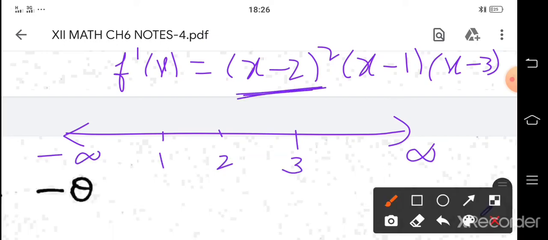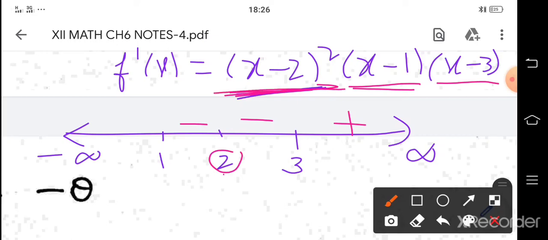Because a whole square is there, no need to think. 4 minus 1 is 3, 4 minus 3 is 1, positive, positive, so this is positive. Then this will be negative. From 2 to 1 it will be negative only, because 2 here will not affect the change. Then this is positive. Because it has a square here, the sign change will not happen.